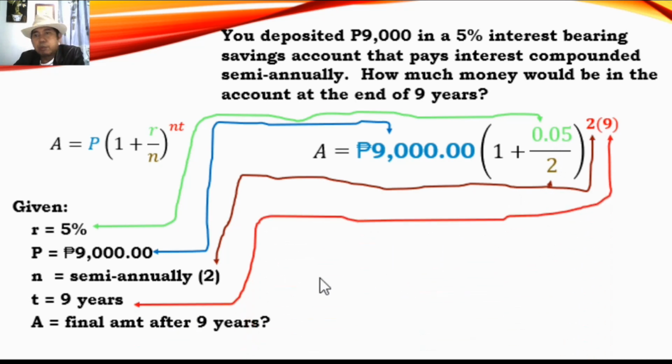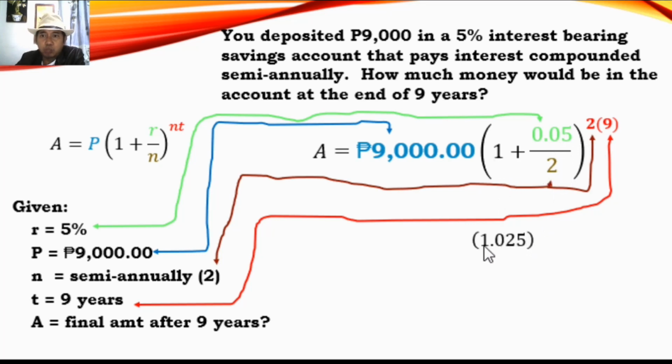To do the problem, according to the basics of arithmetic, we do first what is inside the parentheses. We have 1 plus 0.05 divided by 2. We divide this, and it will give you 0.025.